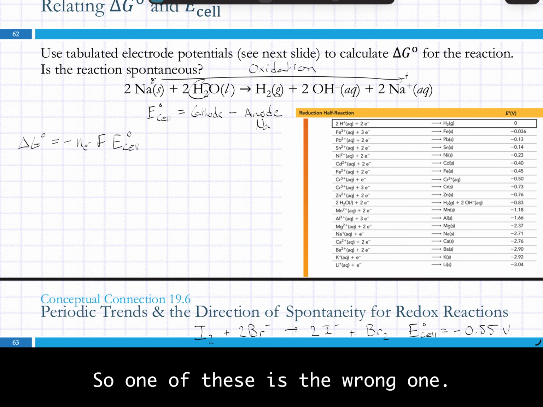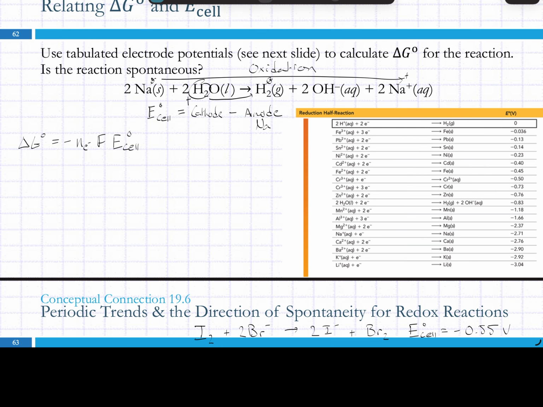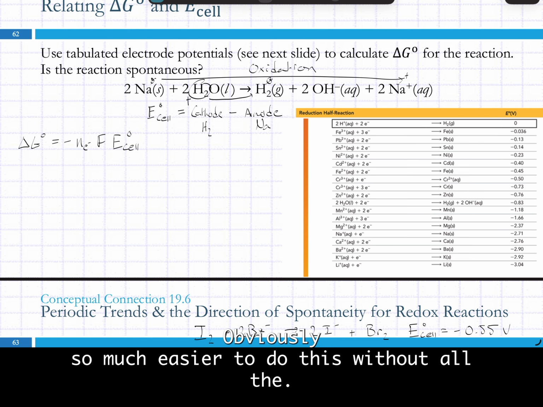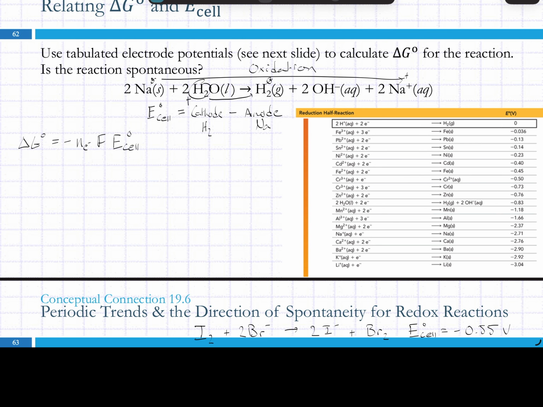Wait, did I cancel out one of these? Honestly, this is so much easier to do without all of the joules per mole over coulomb.